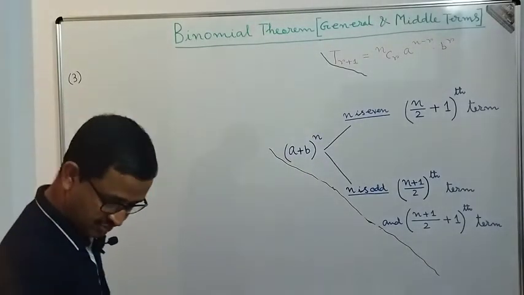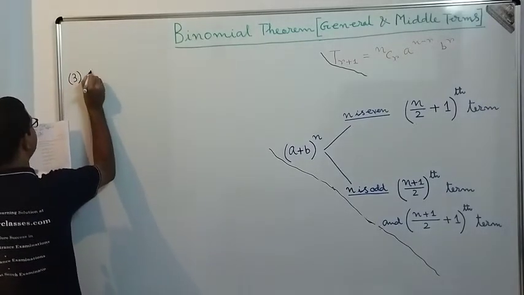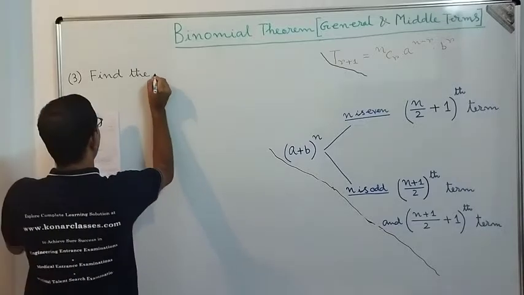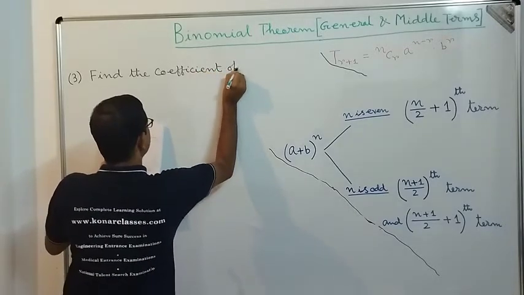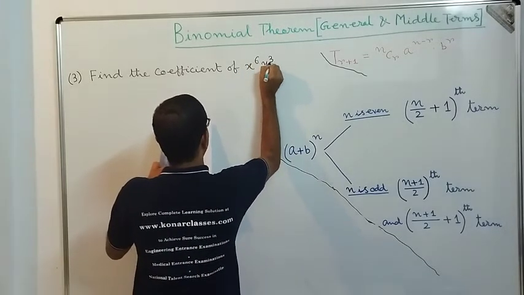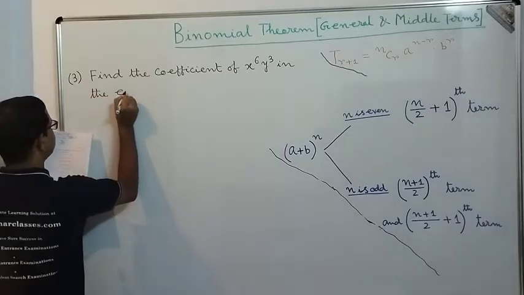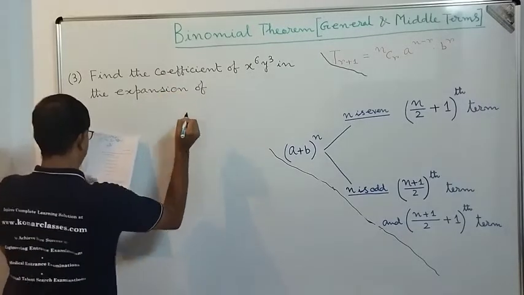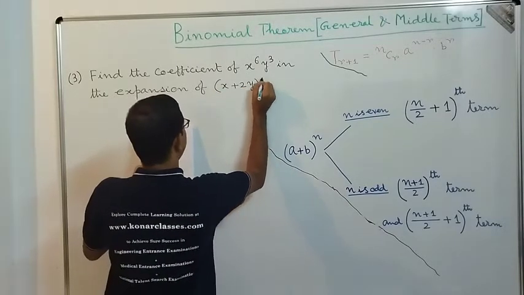And here is question number 3, okay? The question is, find the coefficient of x to the power 6 into y to the power 3 in the expansion of x plus 2y power 9.